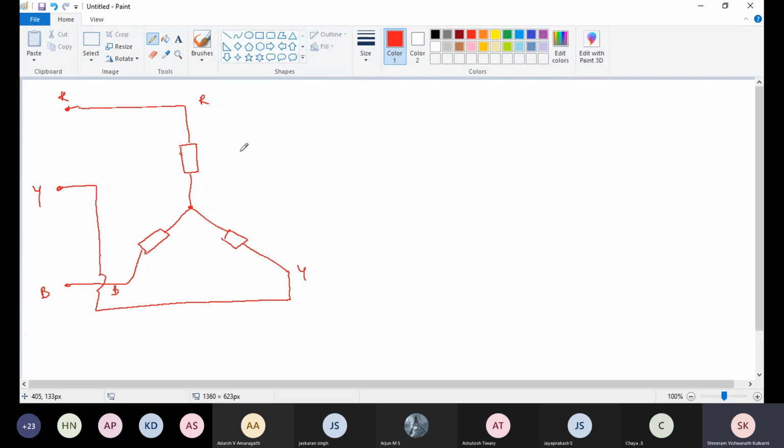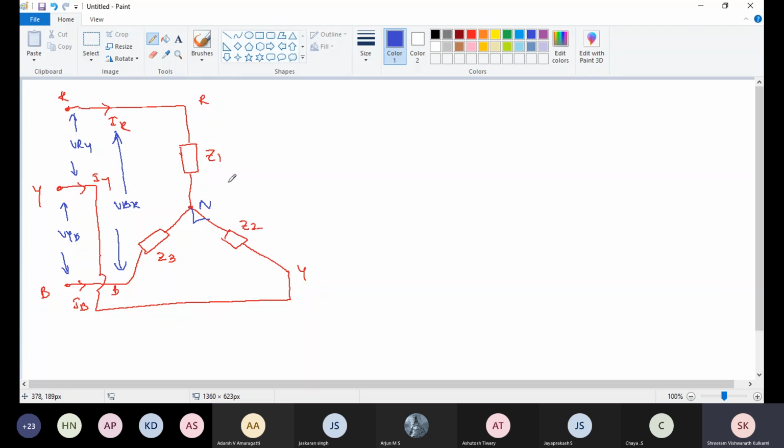This is unbalanced. Z1, Z2, Z3, or I can call Z phase 1, Z phase 2, Z phase 3. Current flowing in the line is IR, IY, IB. Then the voltages are VRY, VYB, then VBR. This is my neutral point.